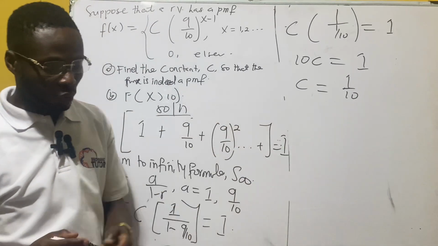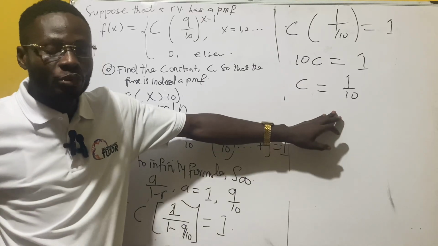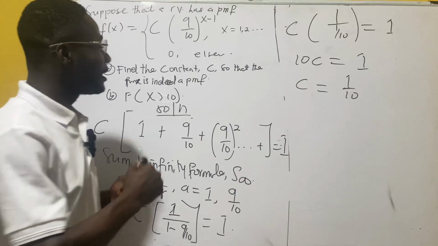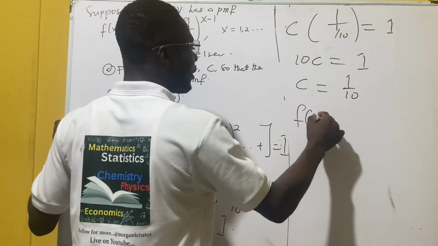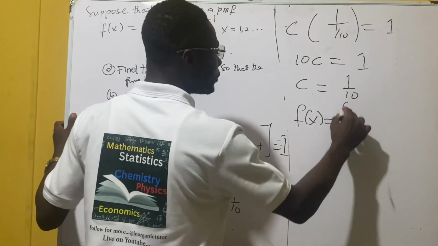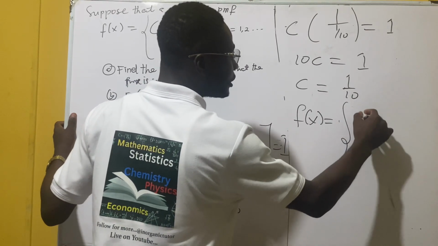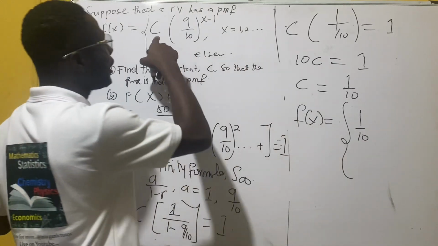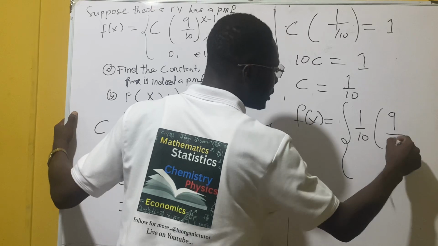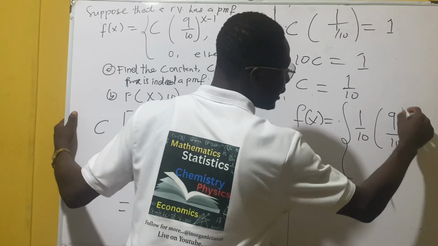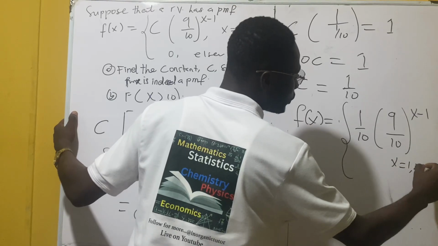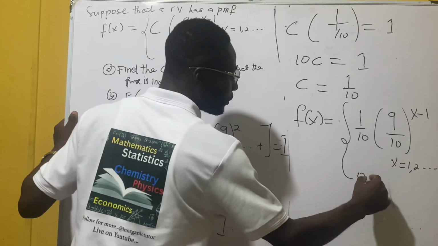So we can now rewrite the function as c, which is 1 on 10, into 9 on 10 exponent x minus 1, x equals 1, 2 to infinity.